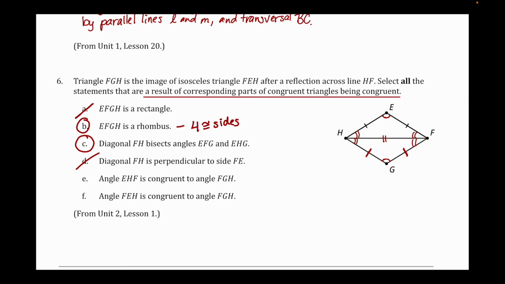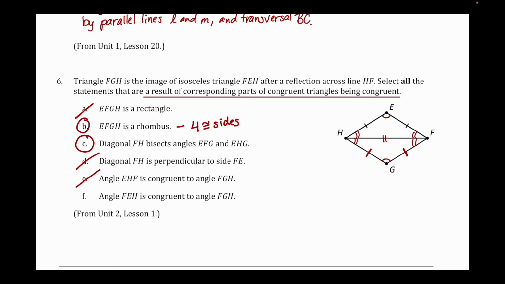While that may be true in this case, we don't necessarily know that because of corresponding parts, because those don't correspond with each other. These two angles do, and these two angles do. So that's not true by CPCTC.